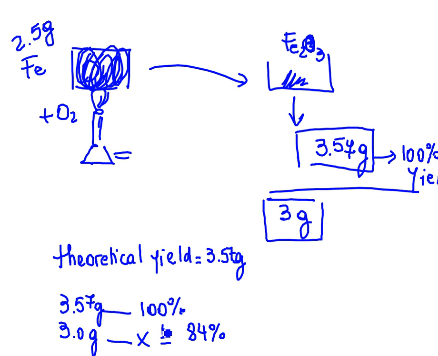What does that mean? That when we do the lab, we are missing 16% because of any reasons. Okay, we are going to analyze the reasons later. But sometimes we don't get the 100% that we should.